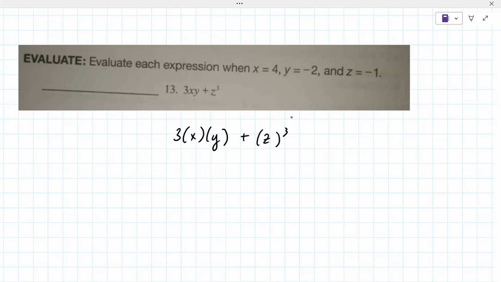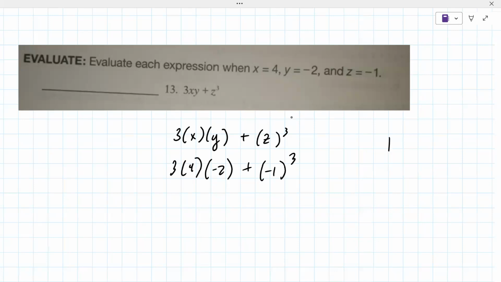So that's 3 parentheses 4. Y is -2 plus -1 parentheses 3. I'm just getting all this down. And then we'll talk about how to actually evaluate it.